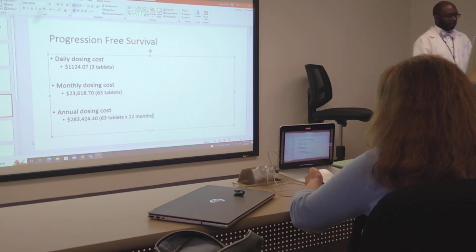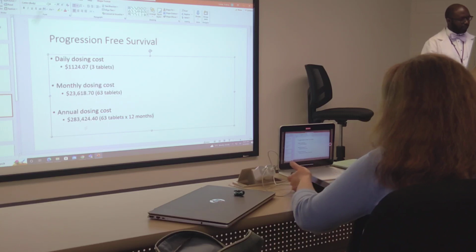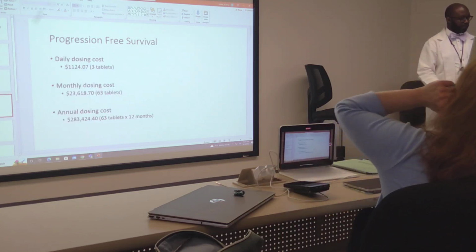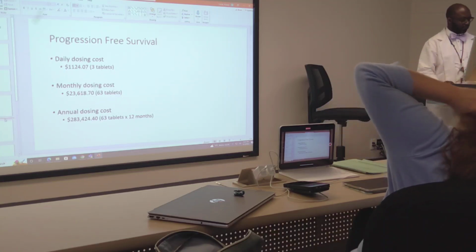So right now, we're looking at progression-free survival. We have our daily costs, we have our monthly costs, we have our annual costs, which we then can bring back to our assumptions. So we made some assumptions about progression-free survival.